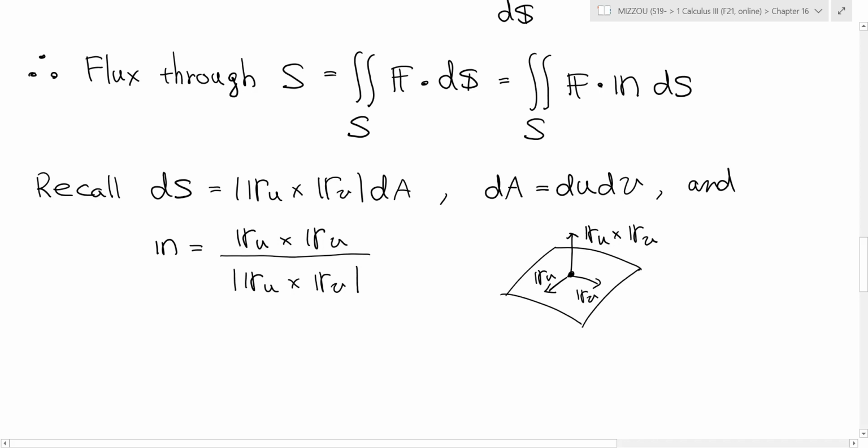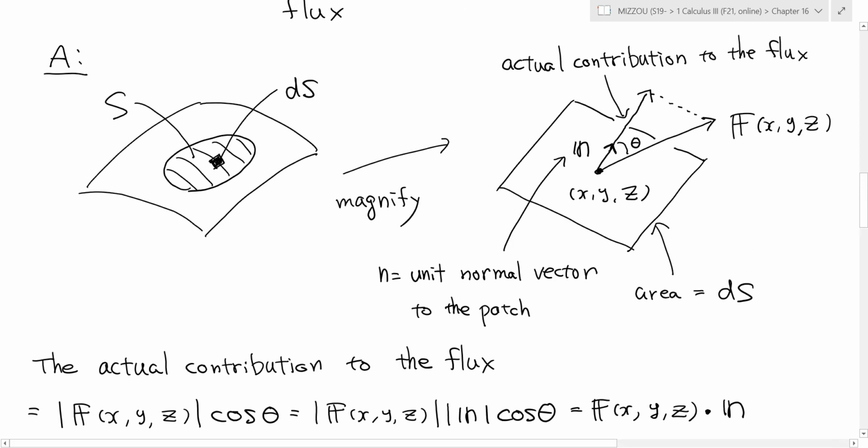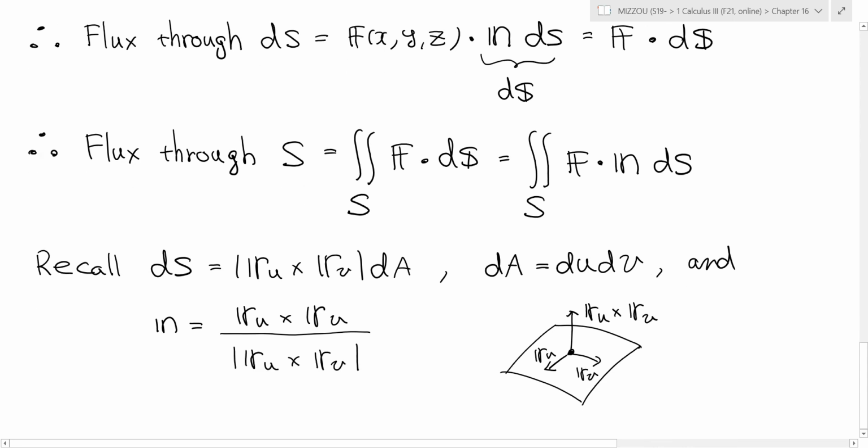Choose the contribution to the flux in the same direction as the orientation of the surface. That's the idea. If the orientation is given the other way around, you have to choose the other way around.